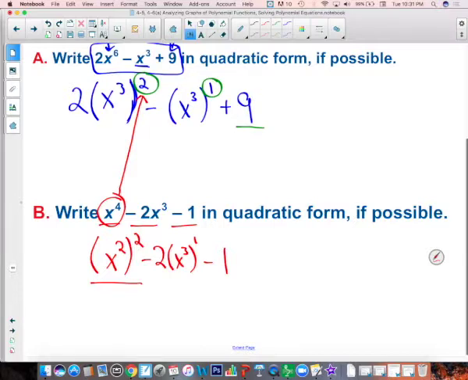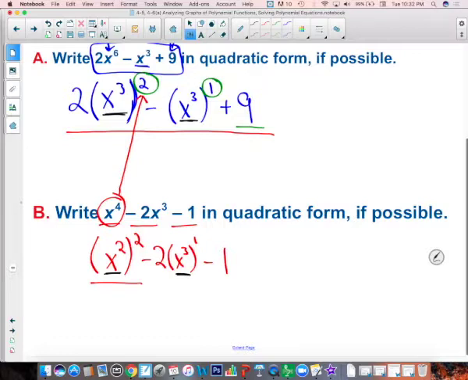I know this one up here is correct. Okay, we would have x cubed. And the one on the bottom, when we're looking at that, these have to be the same when we're doing quadratic form, okay? And here, I don't have those as the same, so really, you cannot write that in quadratic form.